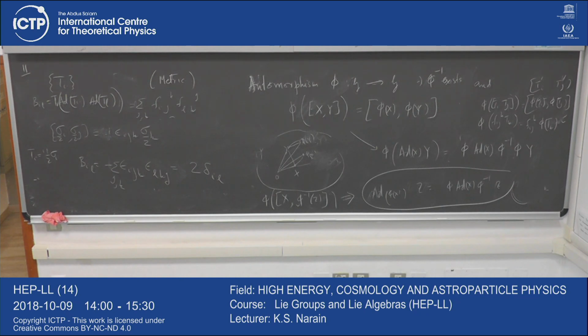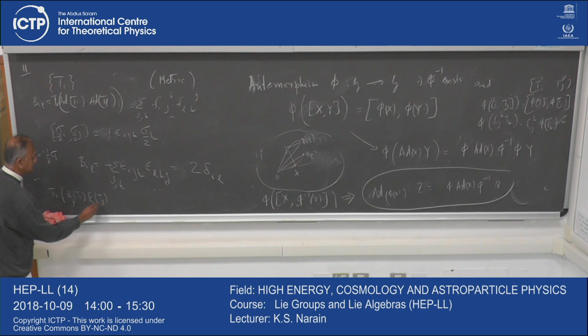You see, this was the adjoint representation, right? Suppose I had computed the trace in the fundamental representation, R fundamental of Ti and R fundamental of Tj. Well, in the fundamental, it is simply sigma I by 2, right?